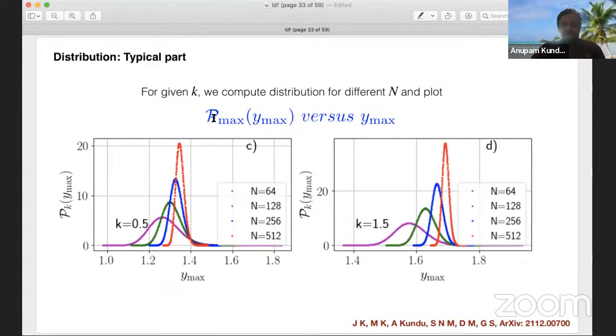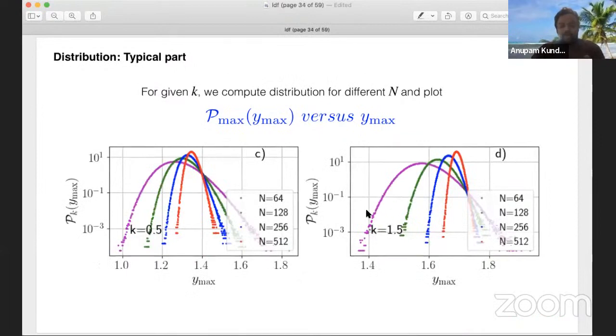In the typical part, if we compute this distribution numerically as a function of y max for different k, and for each k for different values of n, these are the typical distributions. If you plot in the log scale, log on this side and linear on this side, it looks like this.